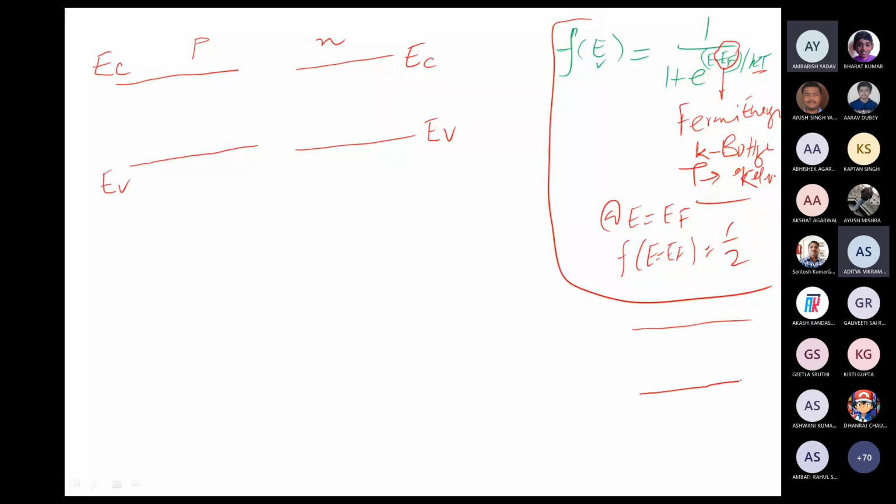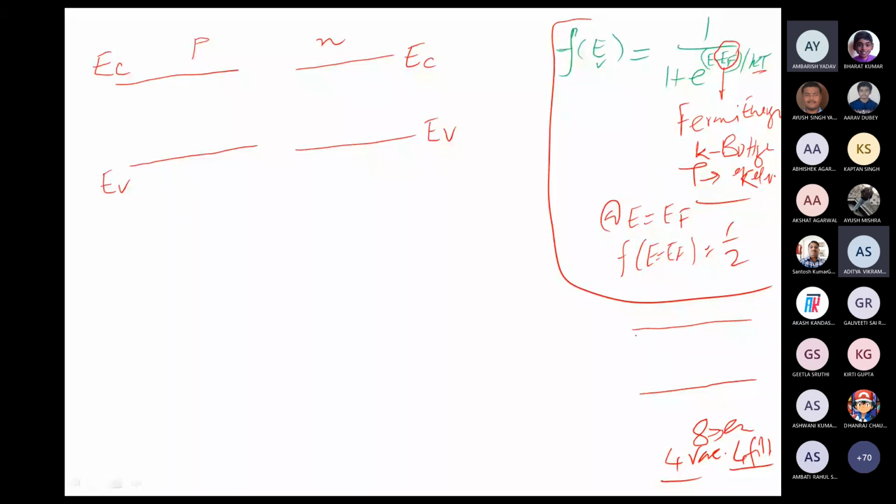Showing this in the intrinsic semiconductor, we see that there were 8 energy states, out of which 4 were vacant and 4 were filled, half. So this is the intrinsic case, and the probability of finding an electron was half.